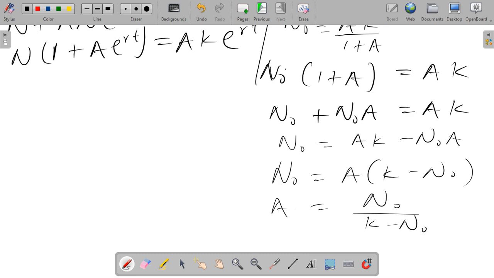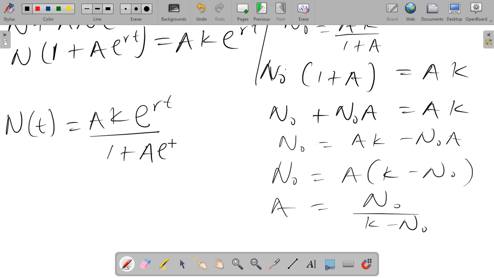If this is my A, remember the general equation I got was N(T) is equal to AK exponential RT all over 1 plus A exponential RT. This was what I got. So let me now put this.